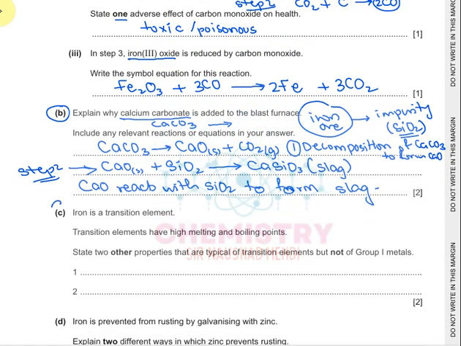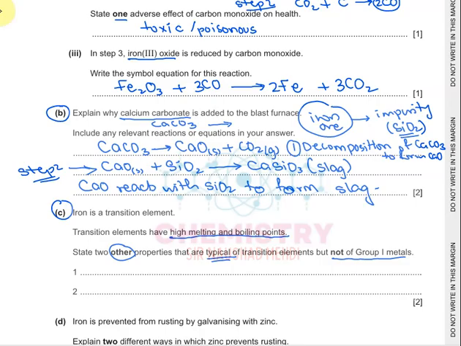Now in the next question, it is saying that iron is a transition element. Transition elements have high melting and boiling points. So one of the properties related to the transition elements is already given. State 2 other properties which are typical to the transition elements only. So you have to mention those properties which are only applicable to transition metals and not applicable to the group 1 metals.